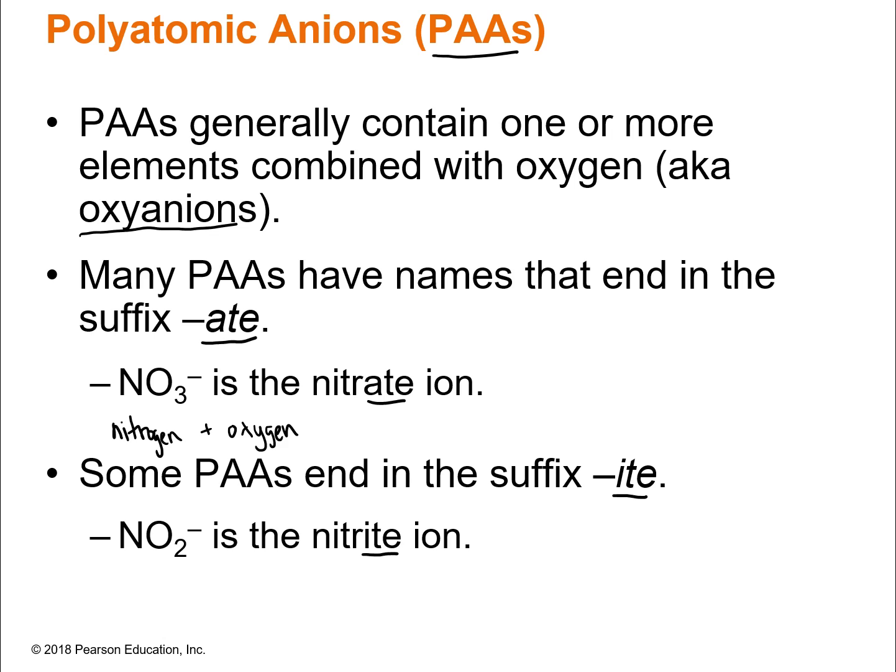Anyone have a guess as to why we're using ATE versus ITE? If you watched the video, you should know, or should at least be familiar. But what's the difference between nitrate and nitrite if you're looking at the formula? There's one thing that's different.